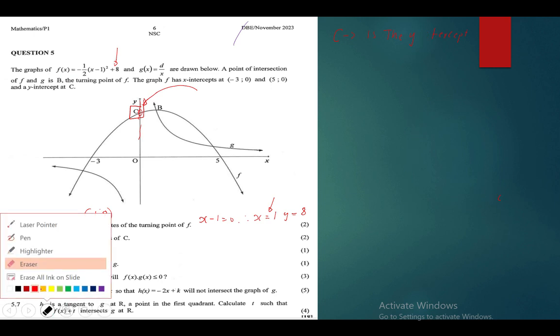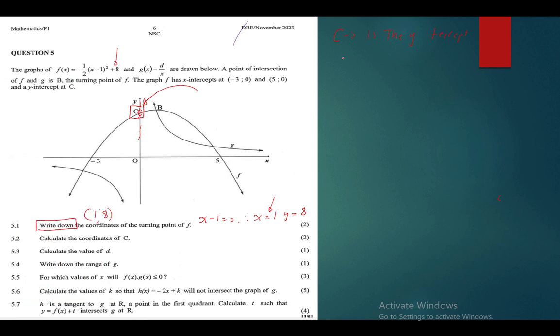Remember, you let your x be 0. So you're going to go to your function f of x. You go and let your x be 0.